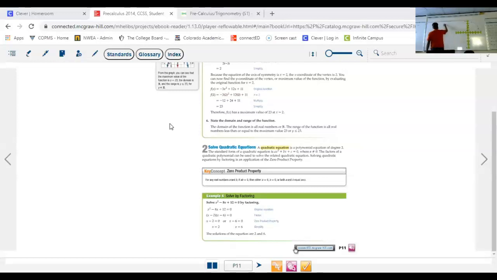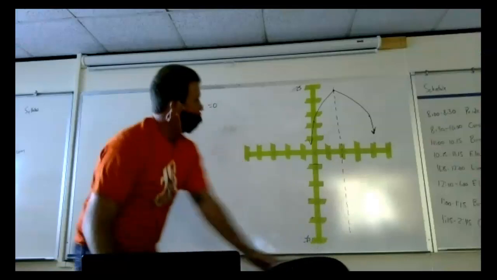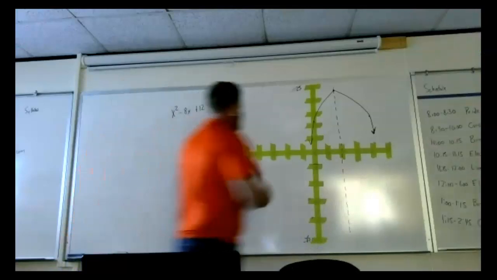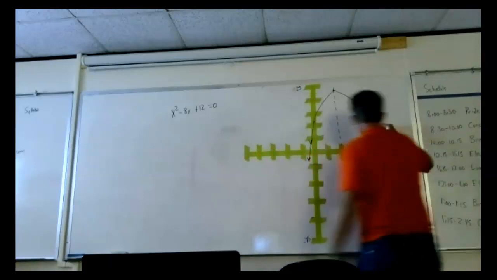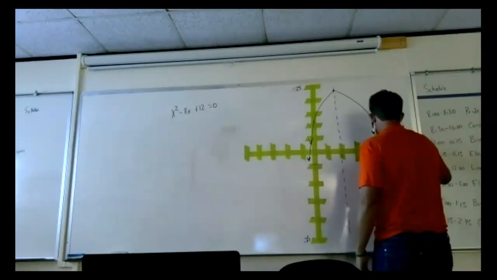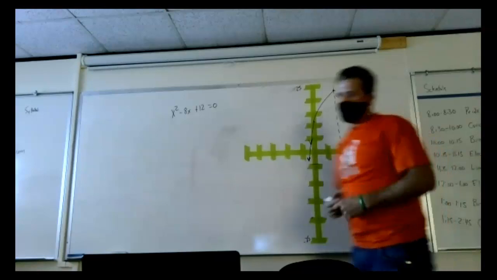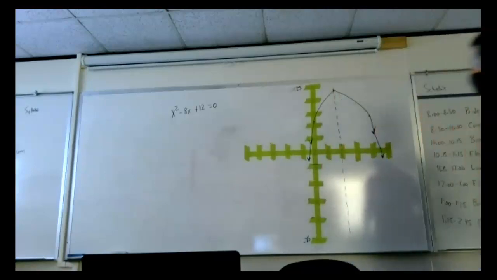So we have x squared minus 8x plus 12, and that is set equal to 0. I'm going to use my graph here just to show you an example. If I were to extend it so that it crosses my x-axis, when it's talking about solving, you're looking for roots or zeros.